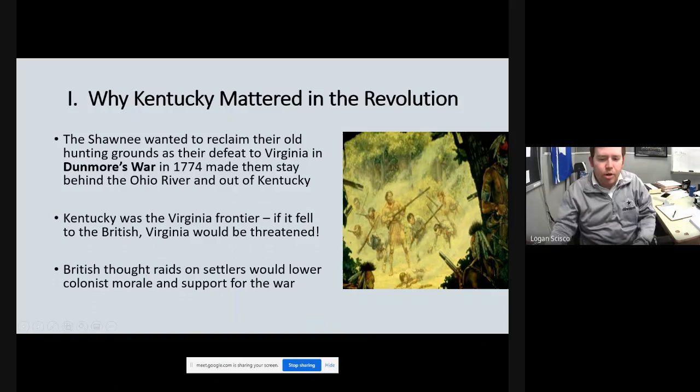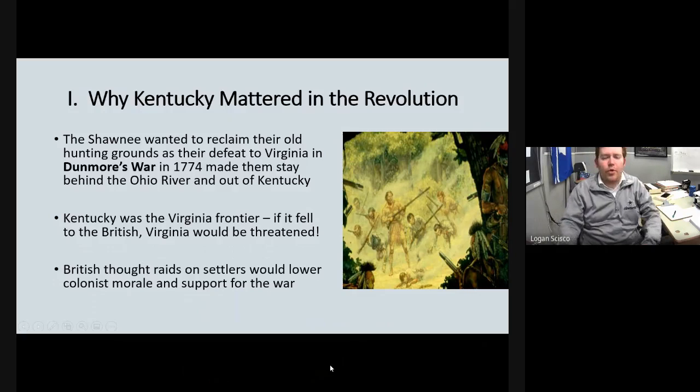And then finally, the British saw Kentucky as very important for their strategy of weakening colonial morale. The British long thought that if they could just get a lot more colonists to not support the war effort, that the war effort would fall apart. And some of their thinking on that was true, because if there weren't men or materials going to the Continental Army, then George Washington would not be able to fight the British in any major way.